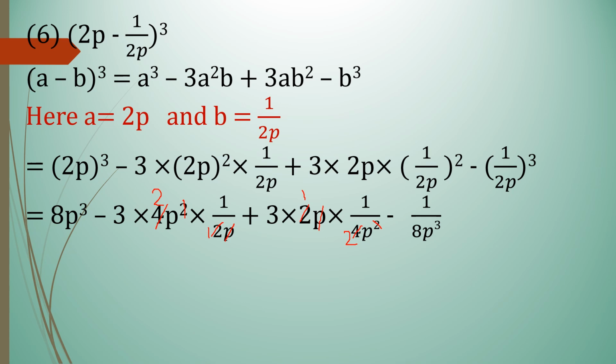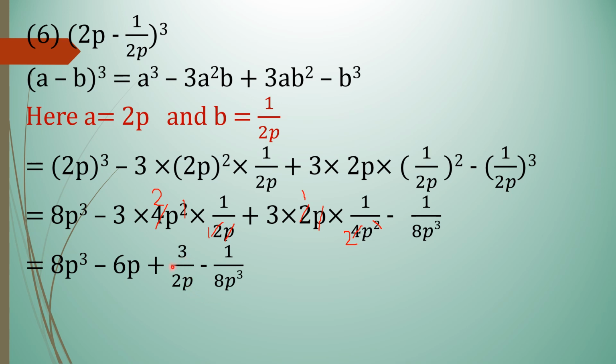So our next step will get, that is 8p cube minus, now 3 into 2, so 3 2s are 6 and in numerator p remains, and in denominator no terms are there. All got cancelled. So only 6p over here plus 3 into 1 into 1. So 3 in numerator, and in denominator you get 2 here and 1 p is left, so 2p.